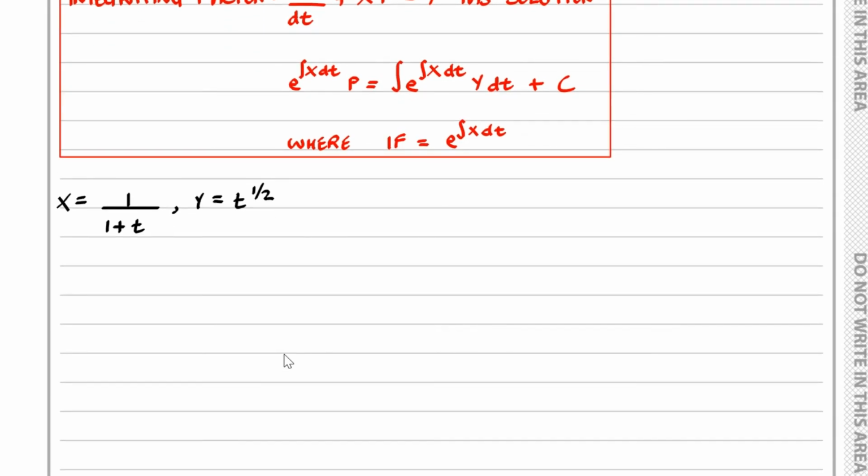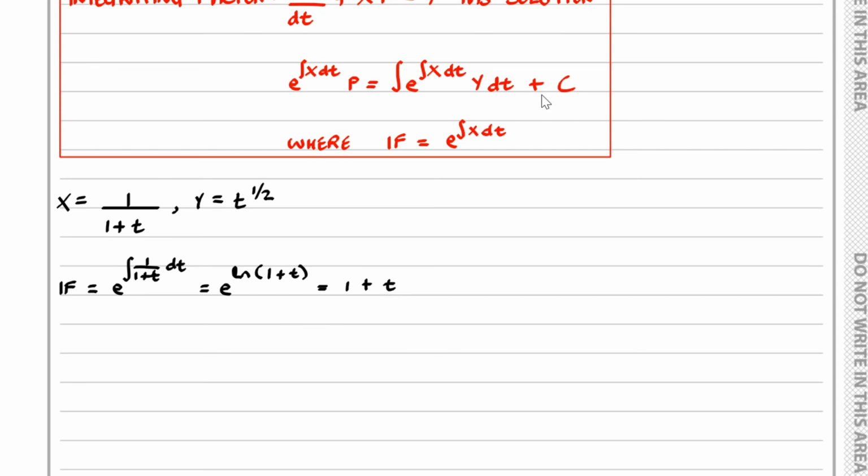Therefore, using the integrating factor, if, that's equal to e to the power of the integral of 1 over 1 plus t dt, and if we integrate 1 over 1 plus t with respect to t, we get the natural log of 1 plus t. So we have e to the power of the natural log of 1 plus t, which is simply 1 plus t.